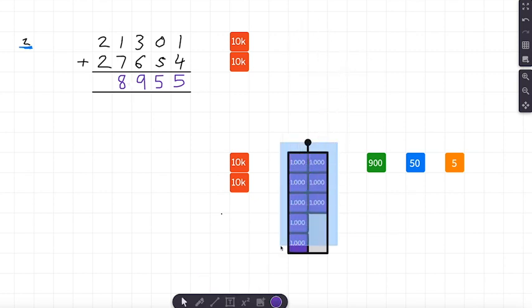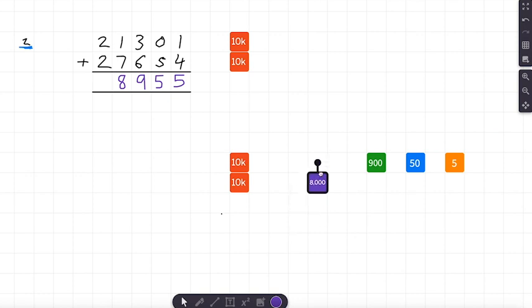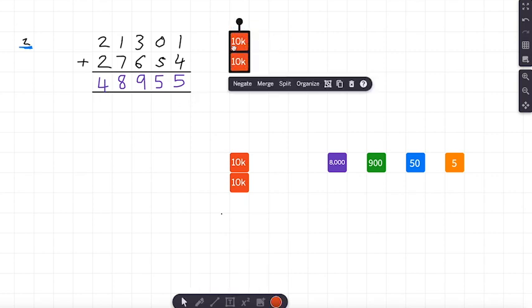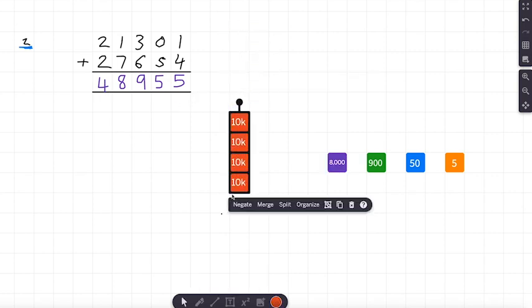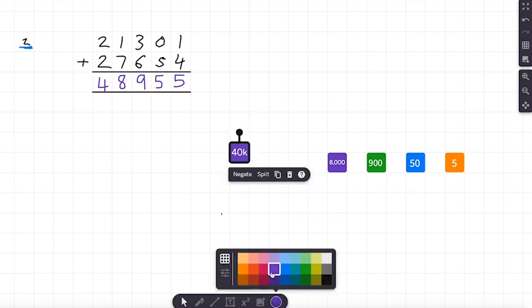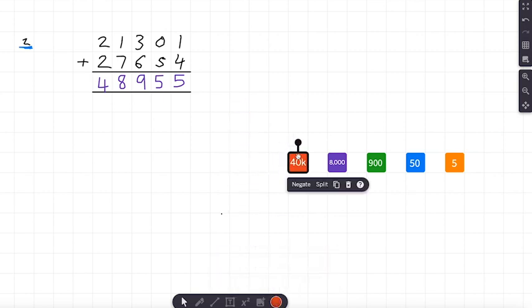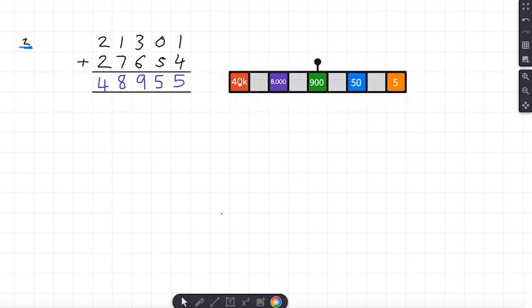There's our 8,000, and we'll just put it together. And then lastly, we have 20,000 plus 20,000, or 2 plus 2 gives us 4, or 40,000. And we can merge that together. So our overall answer is 48,955.